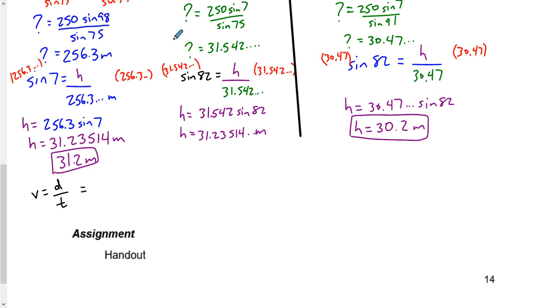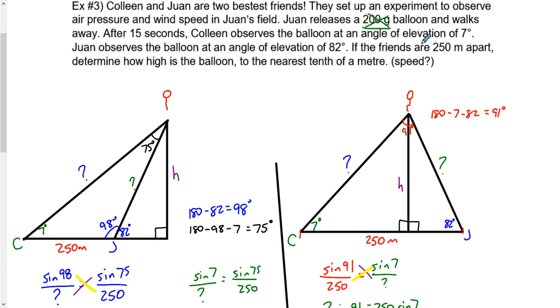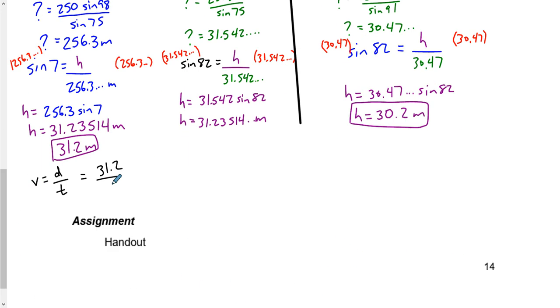But if we want to calculate what speed the balloon is actually traveling, we just have to take the distance that it travels and divide it by the time. Now, it says that it is observed after 15 seconds. So we're going to just be dividing it by 15. So our 31.2 divided by 15 is 2.08 meters per second.